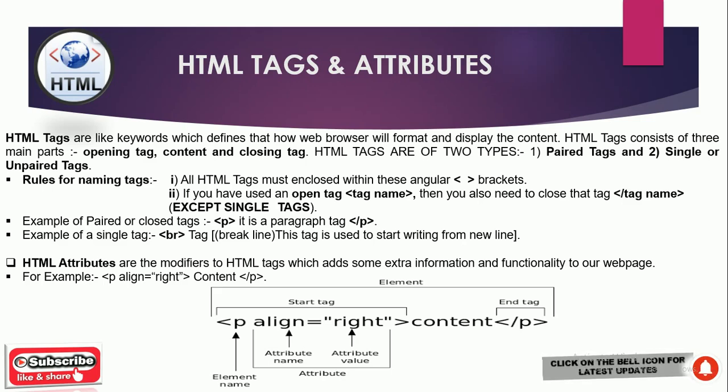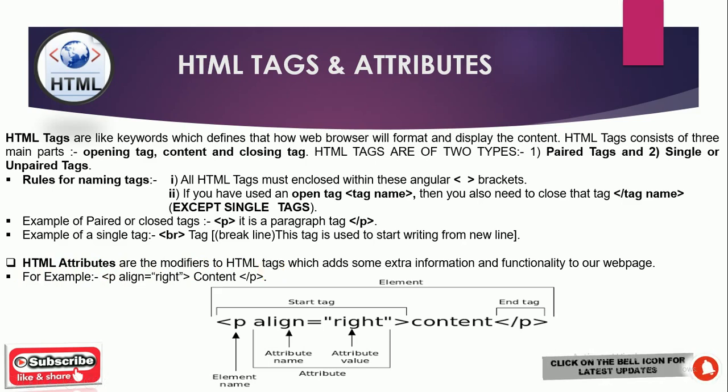This is the use of the br tag, and it is a single tag, we don't need to close it. So this was the introduction to HTML tags. Now HTML attributes. HTML attributes are the modifiers to HTML tags.